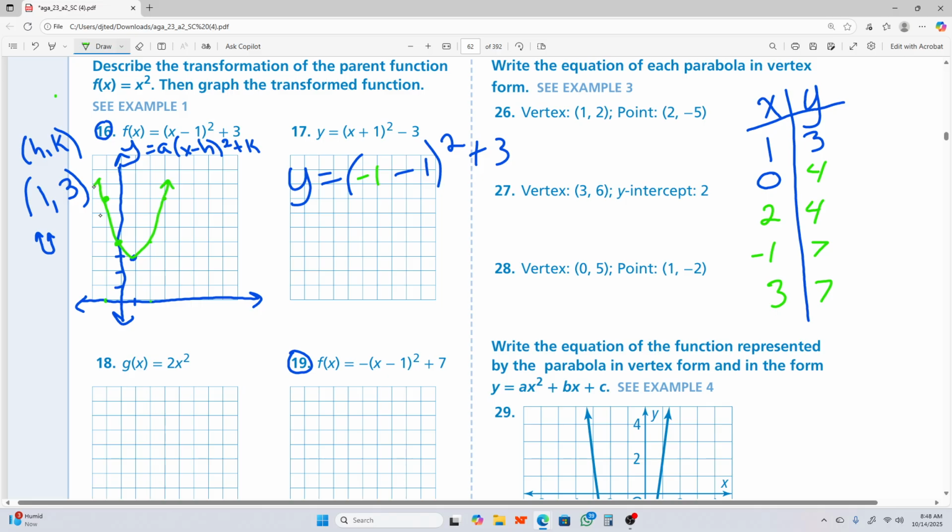And I'd like for you to get this done in about 15 minutes for number 16, number 19, and number 21. So pause the video while you work on number 19 and 21. And then once you've got them, come back and we'll look at the next couple of questions.